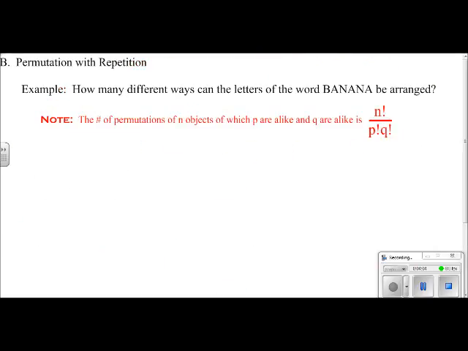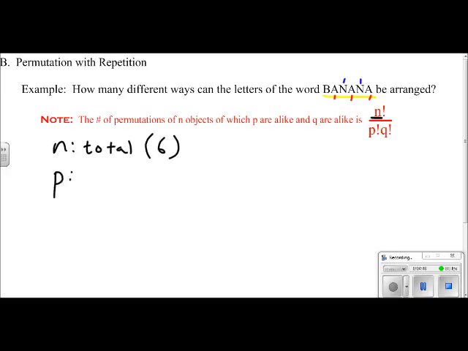Now, sometimes we will have permutations with repetition. Like in this case, where we're looking at the word banana, and we want to rearrange those letters in a unique way. If you'll notice, A happens 3 times, and N happens 2 times. So in this case, there are 6 letters in total. So n is our total letters, and that equals 6.